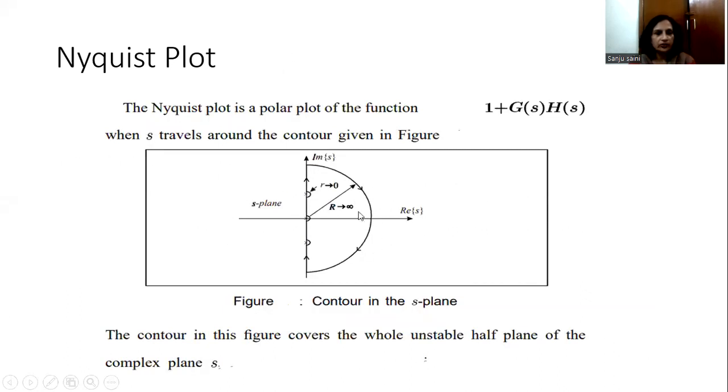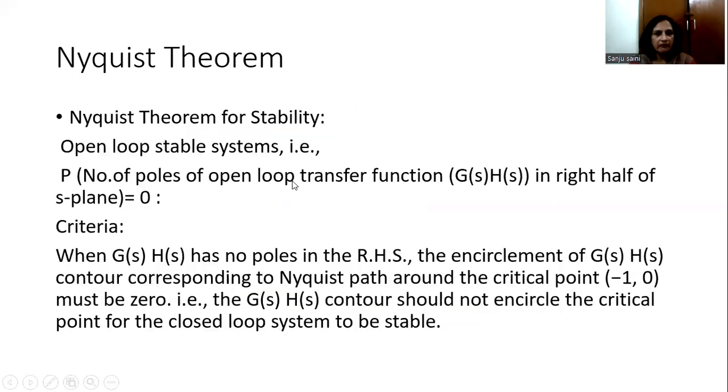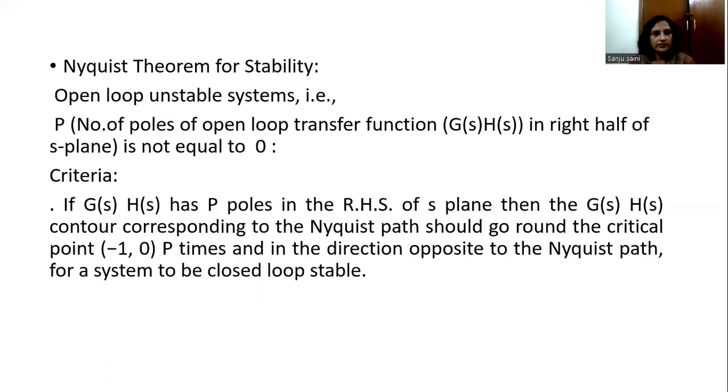Corresponding to it, we make a Nyquist plot in the G(S)H(S) plane. If a system is open loop stable, then for closed loop stability, the net encirclement of the point minus 1 plus j0 by this Nyquist plot should be 0.